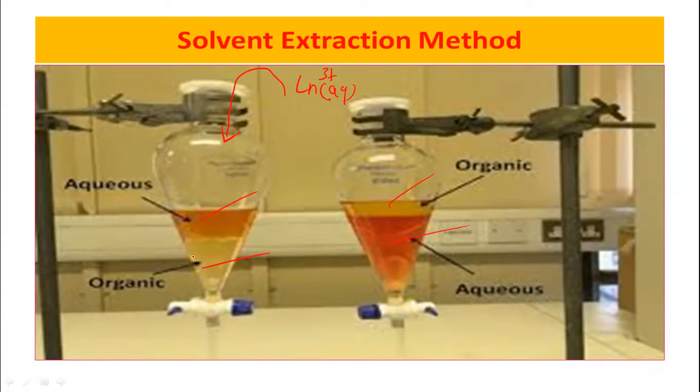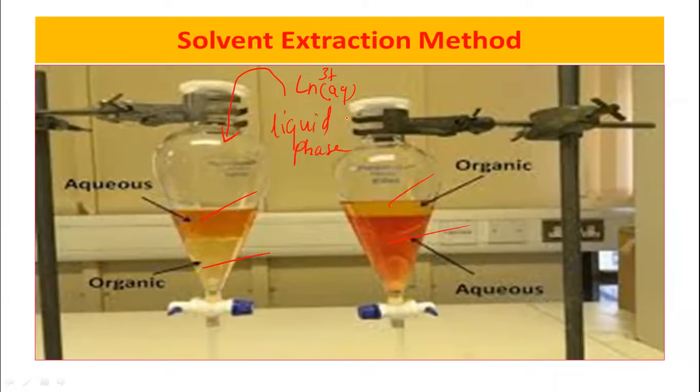If the organic solvent has higher density, then it should be at a lower level. In this way, the lanthanone ions are distributed from one phase into the other phase. Both the phases are liquid phases, organic solvent as well as aqueous solvent.